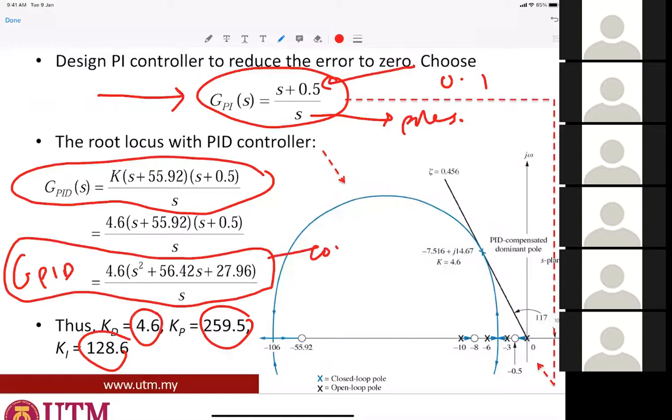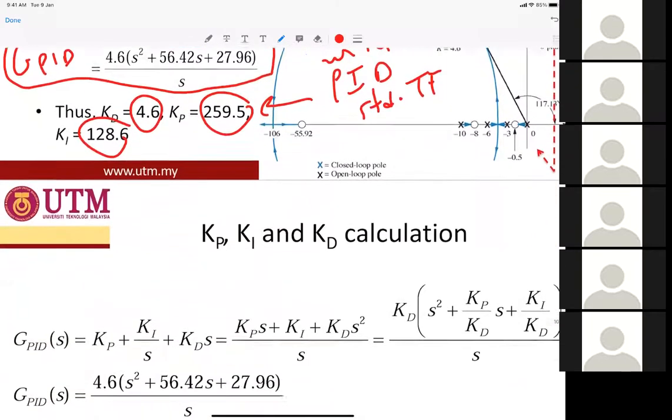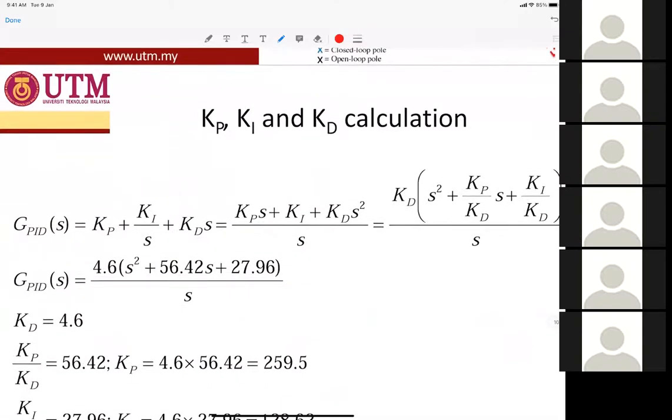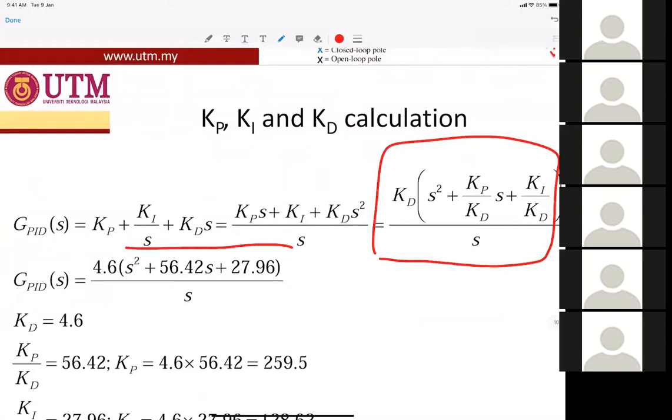You compare this with the standard PID transfer function. So that's why you get the KP, KD, and KI values. This is the standard, and this is what you get from the calculations.